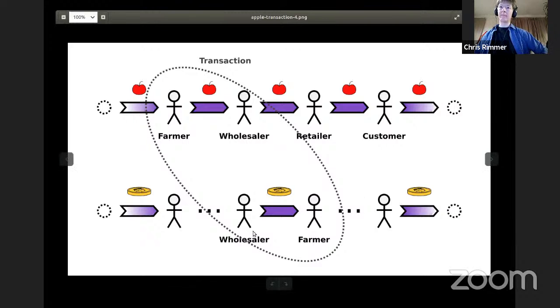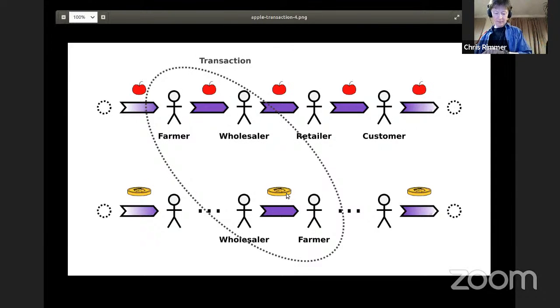At the same time as the farmer gives the wholesaler the apple, there's another action taking place where the wholesaler gives the farmer this coin. They're just different parts of these two actions that appear in different chains, and there are vast numbers of these chains throughout the economy. Every single tangible asset has its own chain from the producer to the consumer.